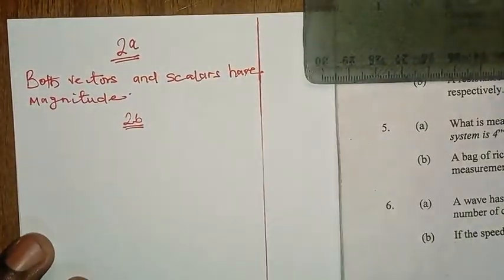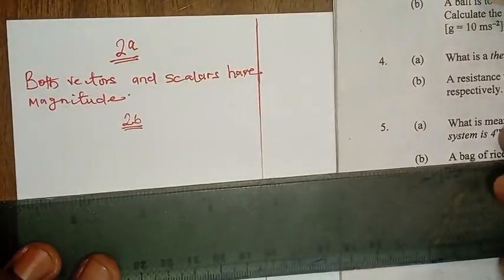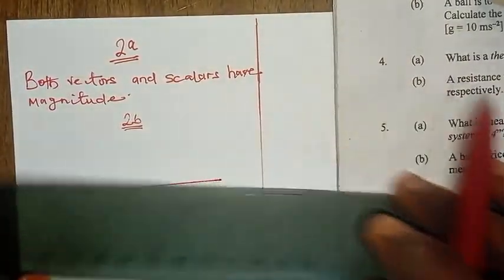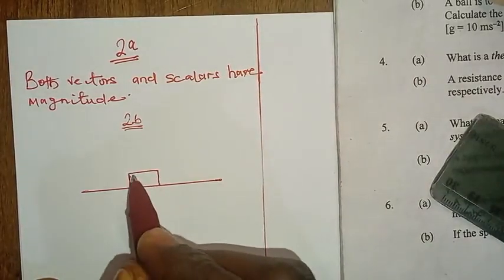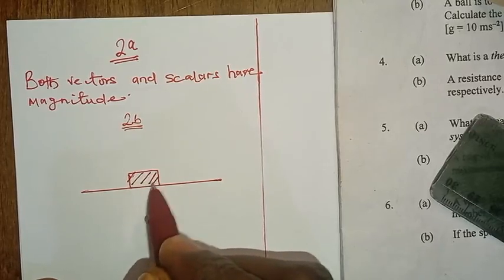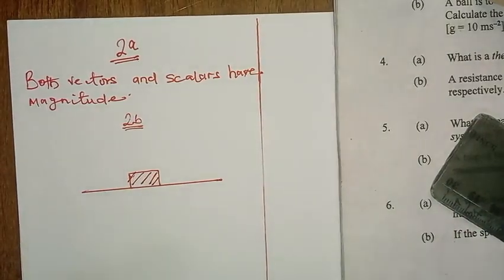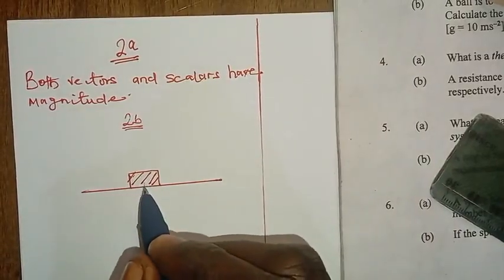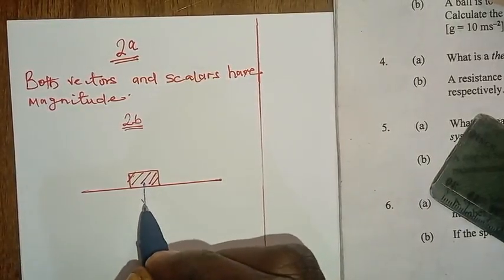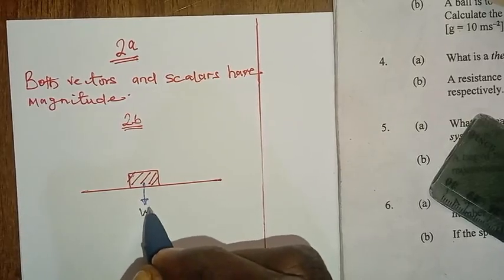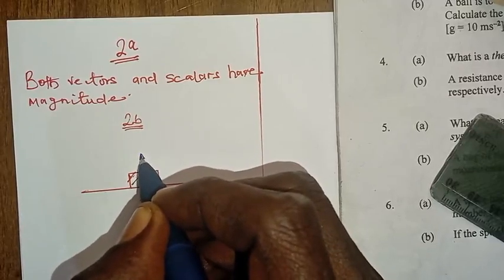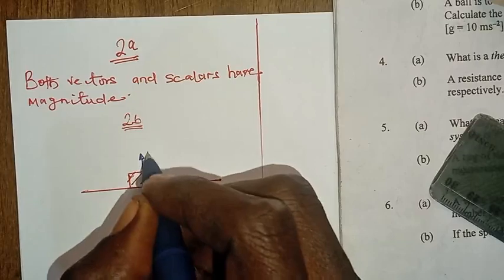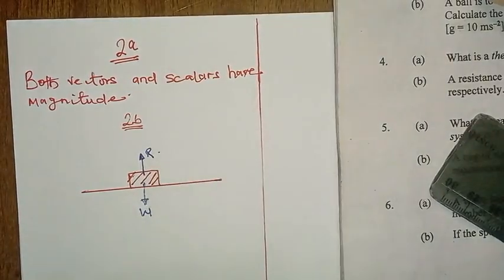So in that case, we will have something like this. The body is here, and the weight of the body will be acting downward. Is that correct? And it has an equal and opposite force, which is a normal reaction acting upward.